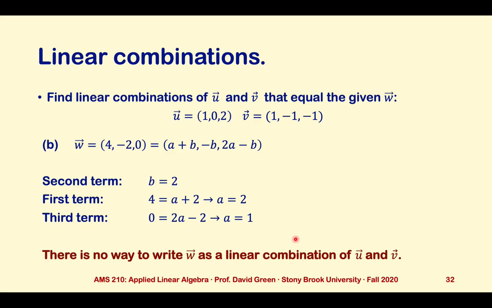This is a property that is going to be incredibly important, is going to give rise to ideas like vector spaces and subspaces, and is really central to a lot of linear algebra. Not every vector can be written as a linear combination of an arbitrary group of other vectors. There are some sets of vectors where you can write any vector as a linear combination, but others they can't.